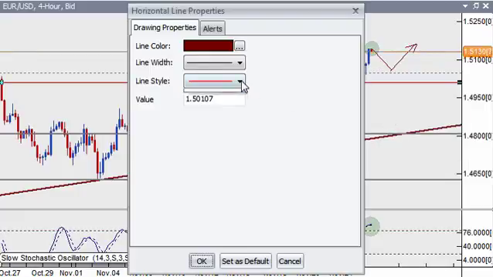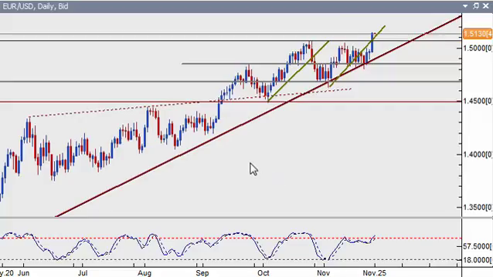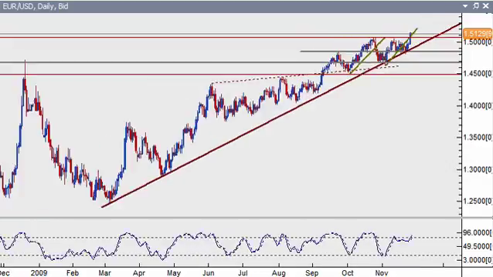So these resistance lines are all broken, and now we have to consider the bullish outlook, which is actually in line with our longer term trend, as we see here. We were looking at a shorter term consolidation, but now when we look at the breakout, we see that it's in line with our very healthy uptrend, which has been intact since March, or since May for that matter.